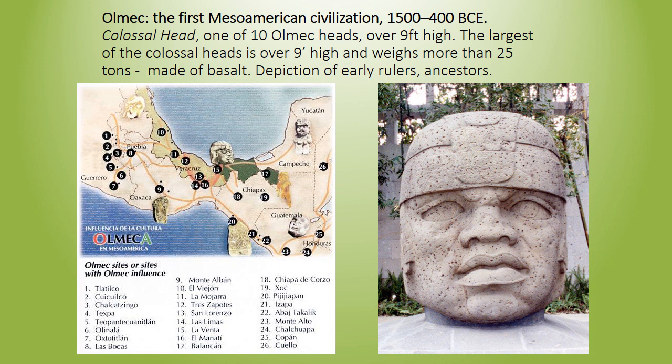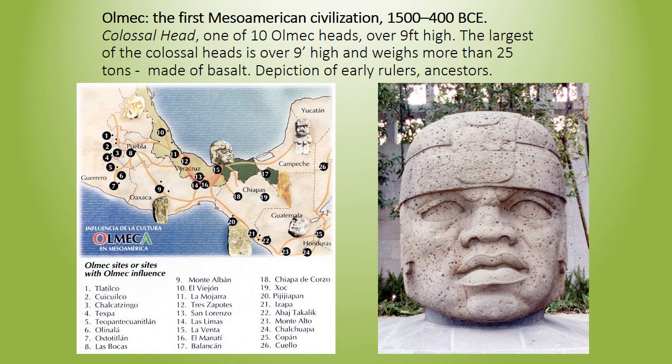Okay, so one of the earliest of these American civilizations are the Olmecs. Like I said, they are a precursor to the Aztec Empire. And what they're most known for are their giant carvings of these ancestral figures, their heads in particular.